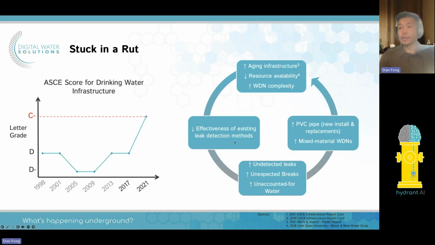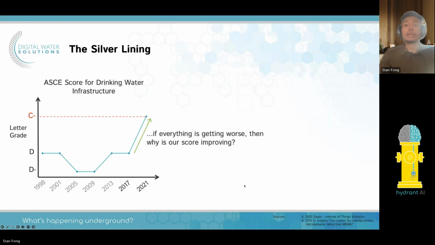So because of these two things, you're going to have more undetected leaks, you're going to have more unexpected breaks, more unaccounted for water overall. And when those breaks happen, you're going to replace it, most likely the PVC pipe. You're going to increase the amount of mixed material sections of your network that you have, and the circle continues, right? So there is a silver lining, because something we also have to consider is if everything is getting worse, right, why did we improve?